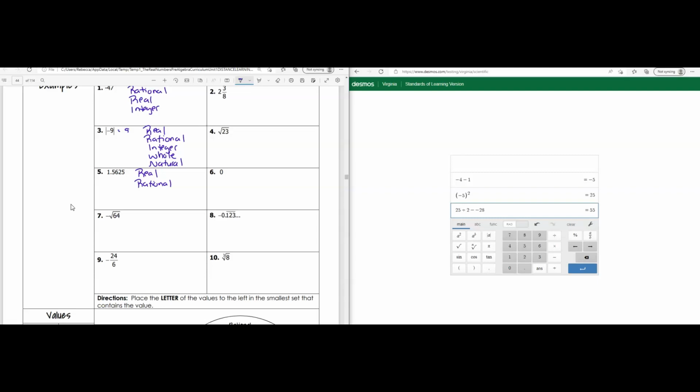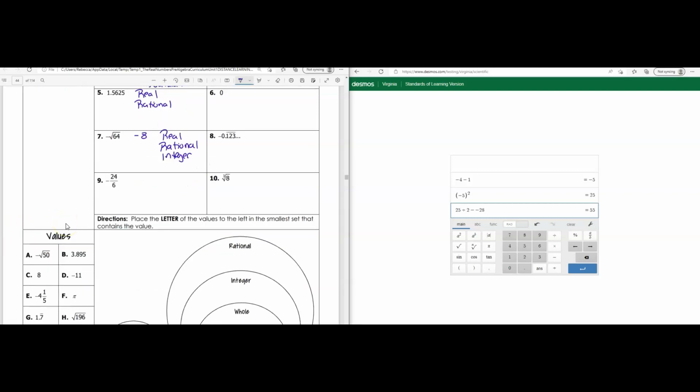For 7, it's asking for the negative square root of 64. The square root of 64 is 8. Negative square root of that is negative 8. So this number is a real number. It's a rational number. It is an integer, but it's not whole or natural because it's a negative number. So these are the three groups that number can belong to.